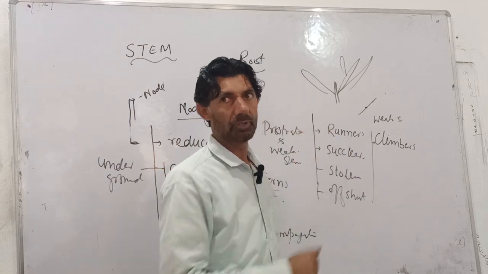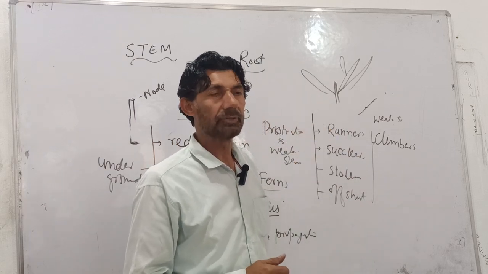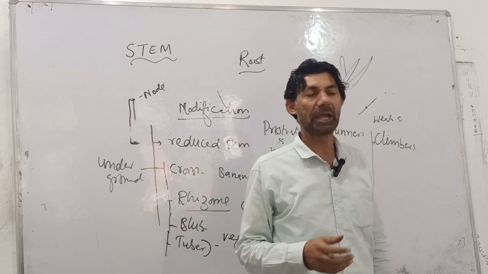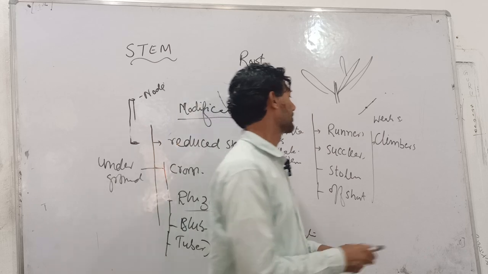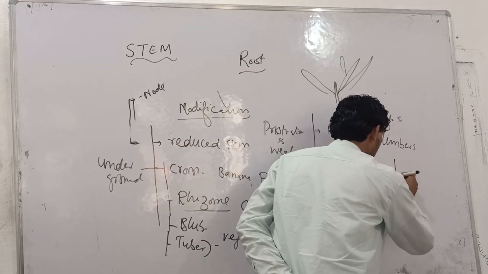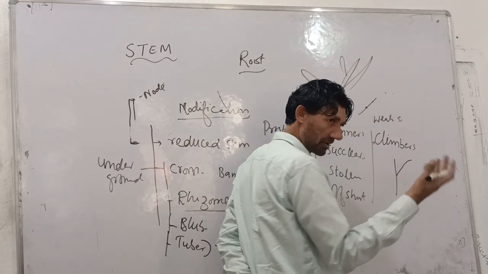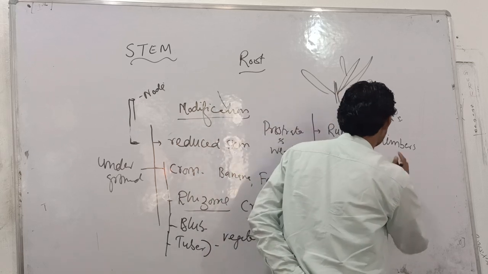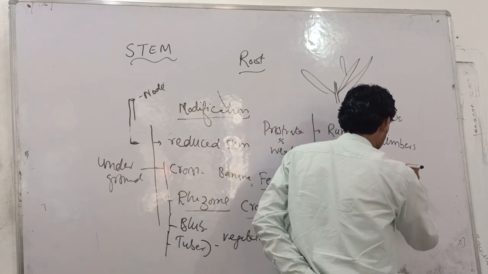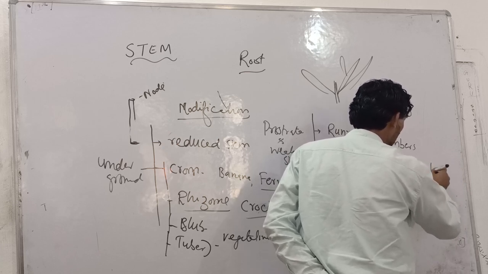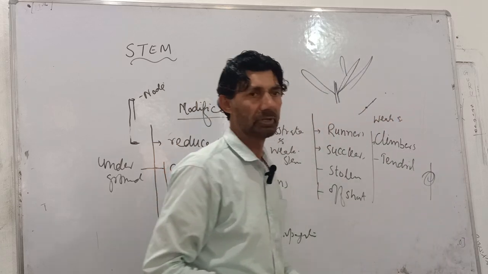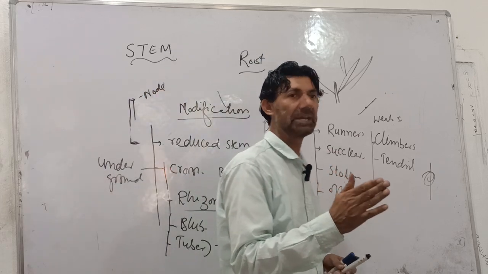In plants like beans and the cucurbit family, the stem near the node gives certain thread-like structures, as in squash. We call them tendrils. The tendril coils around a support and keeps the stem erect.